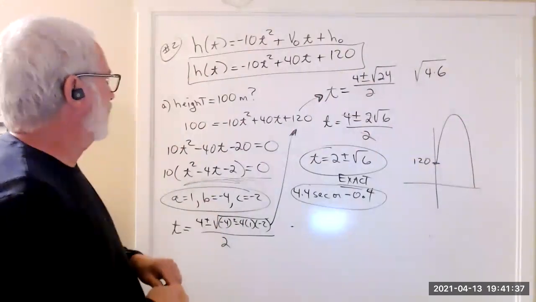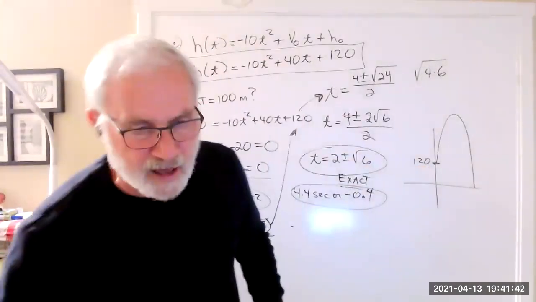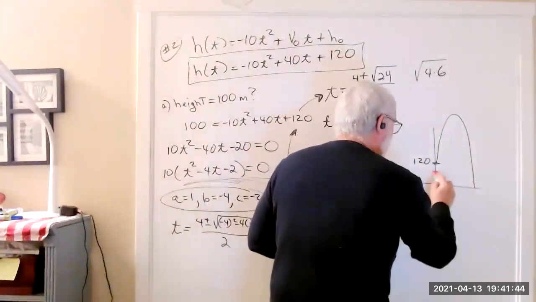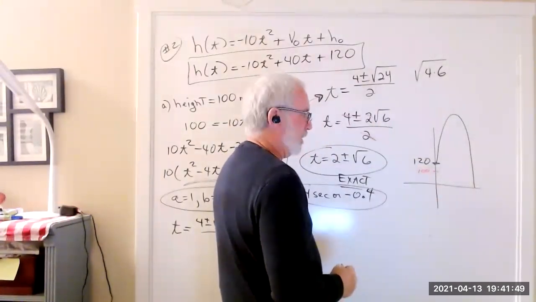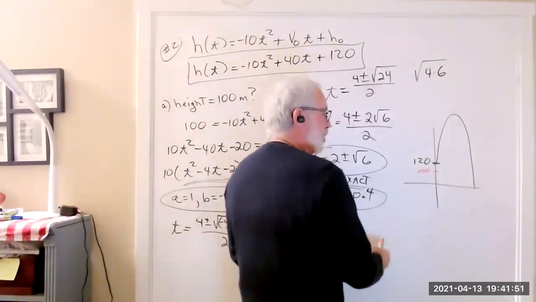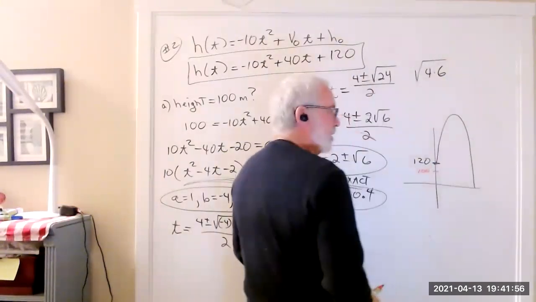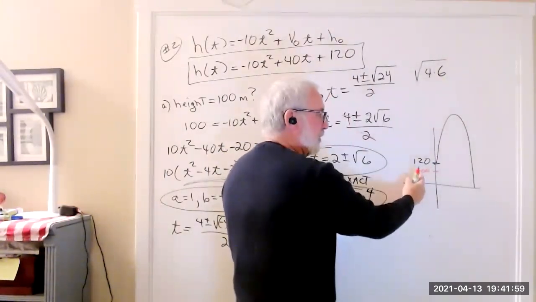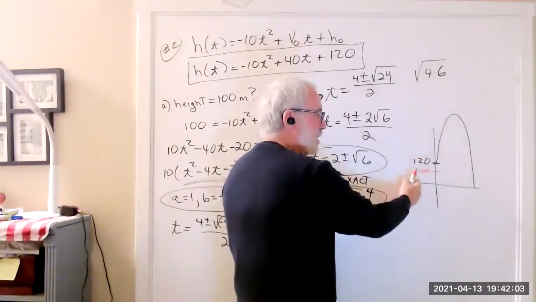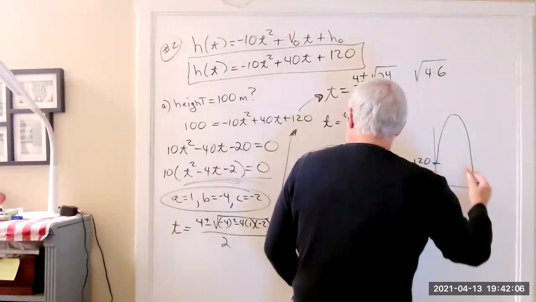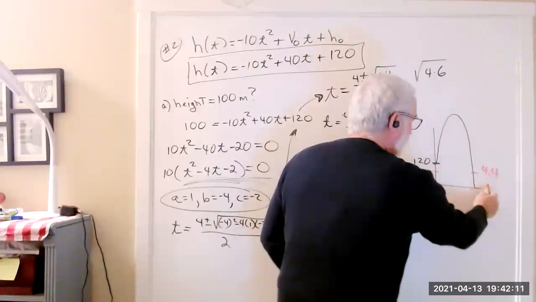If it started at 120, how is it ever going to be at 100 feet? 100 feet is lower than 120. So that's this one out here, 4.4 seconds. It'll hit 100 feet on its way down.